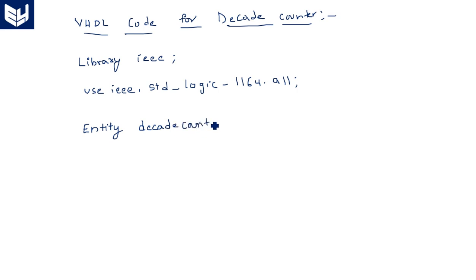Entity decade counter, don't give space. If you want to separate them, use underscore.